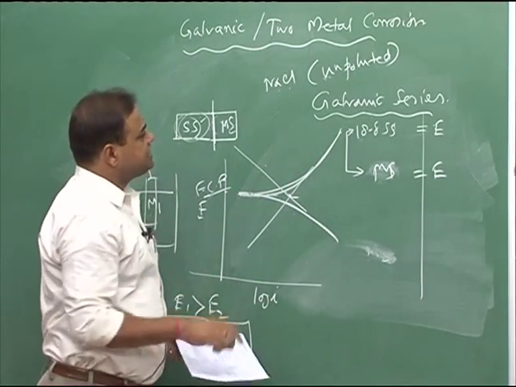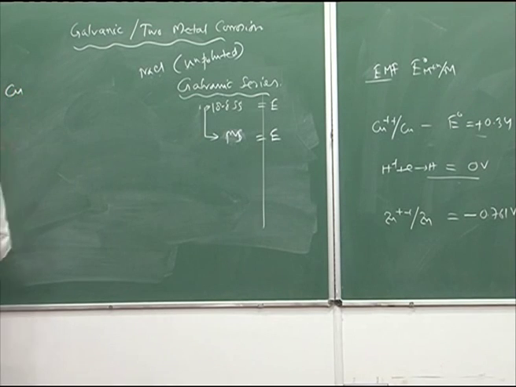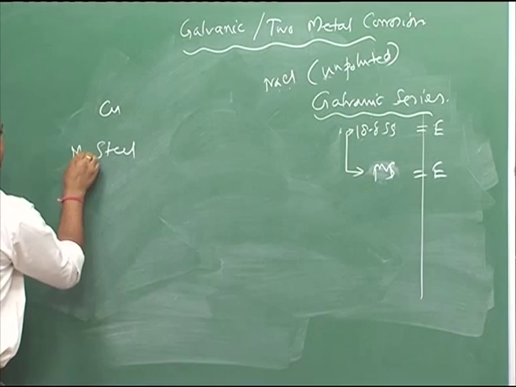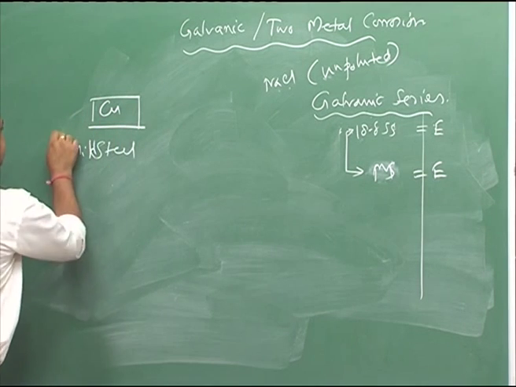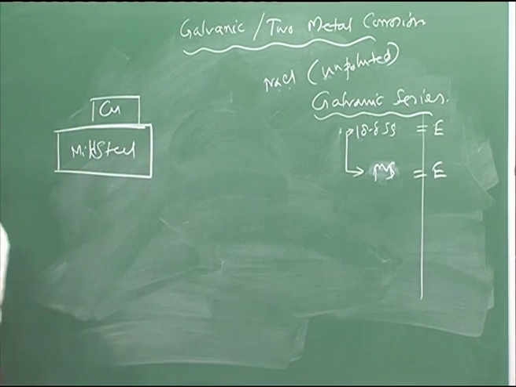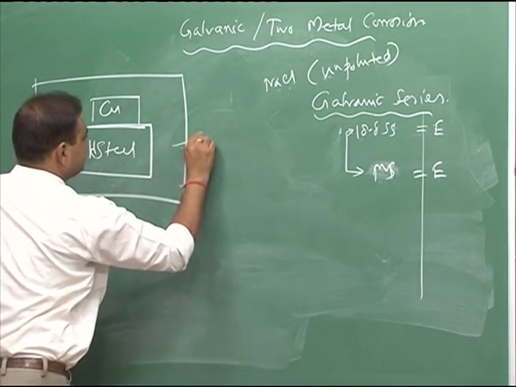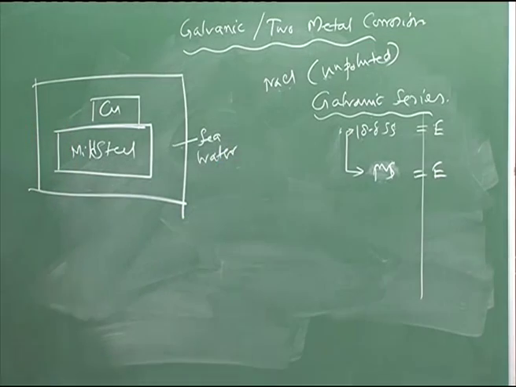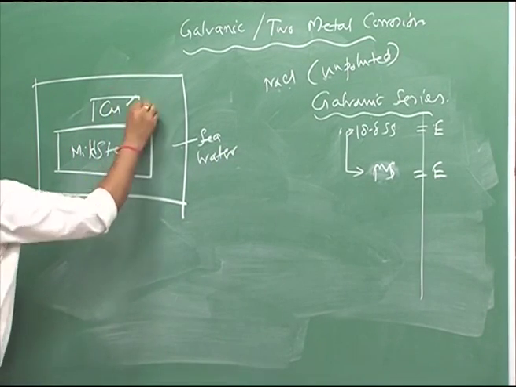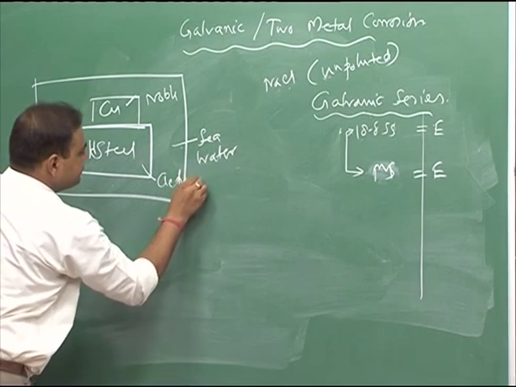Now, another situation is, for example, copper. Let us say I have copper and I have mild steel, this is a copper plate and this is a mild steel plate. Now, if we would like to see what happens in case of a seawater situation, this will act as noble and this will act as active.